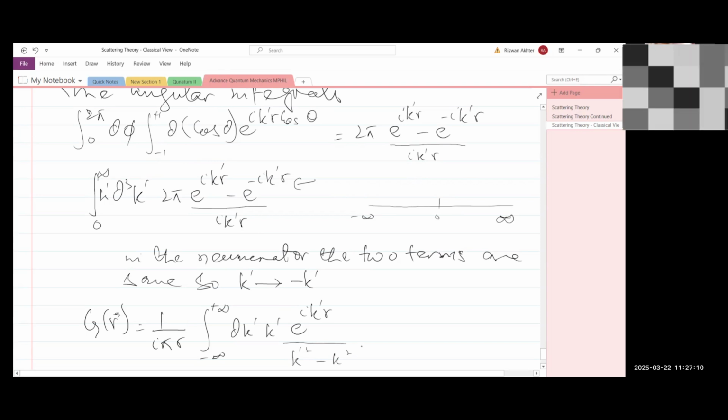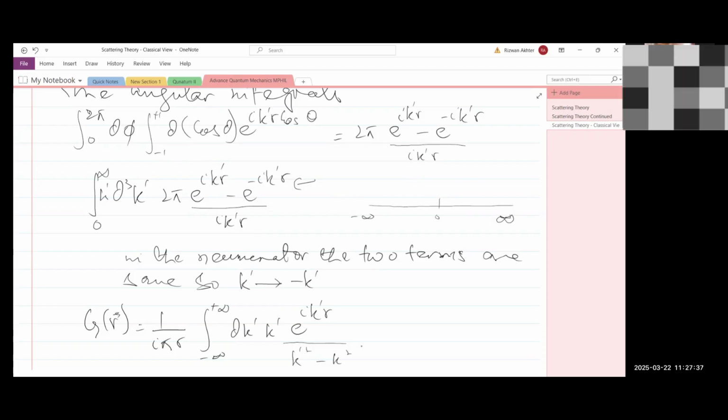This is the integral that we got here. Now this integral is an interesting integral. And you are integrating from minus infinity to plus infinity. So you would be using all values of k, going from minus infinity to plus infinity. So there would come some value of k where k prime would be equal to k. And for such a case, the denominator would be 0 and the integral would be a diverging integral.